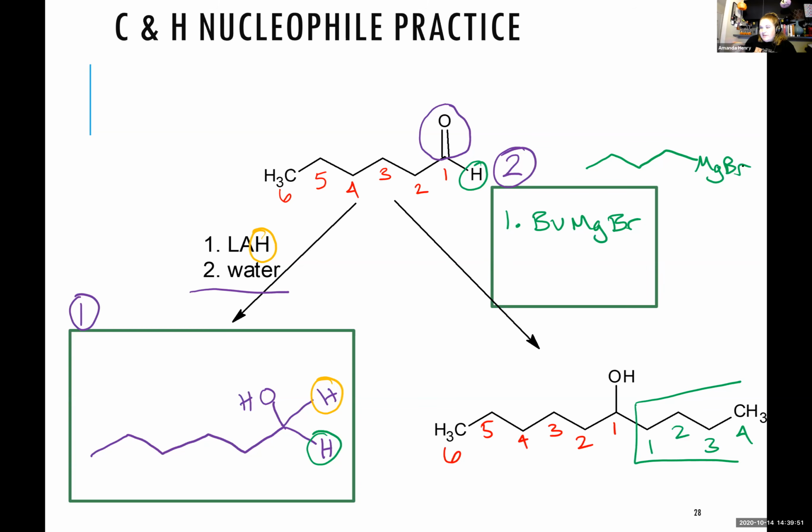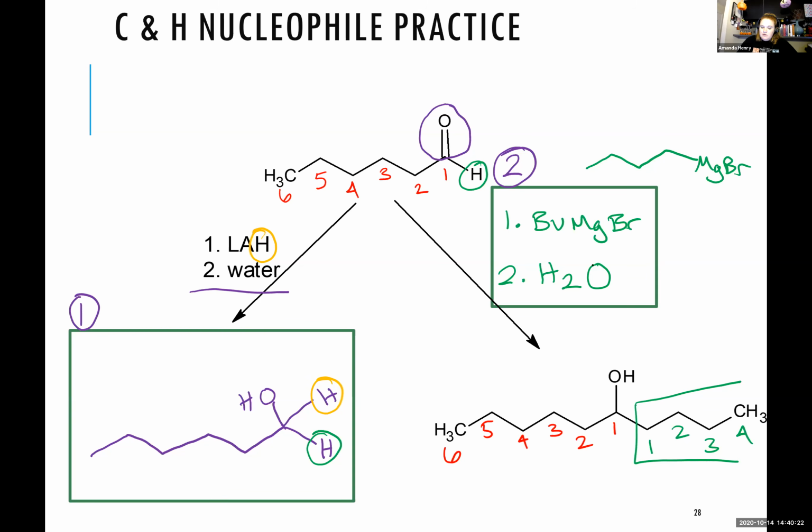Writing it out the way that Nilla did in the chat, butyl MgBr, all of those would be completely acceptable. All of those work. And then step number 2 is water. Having those as separate steps, 1 and 2, is important. We've talked about why it's important. So if you do leave off the 1 and the 2, you're going to lose a point or something on the test because they are separated for a reason.